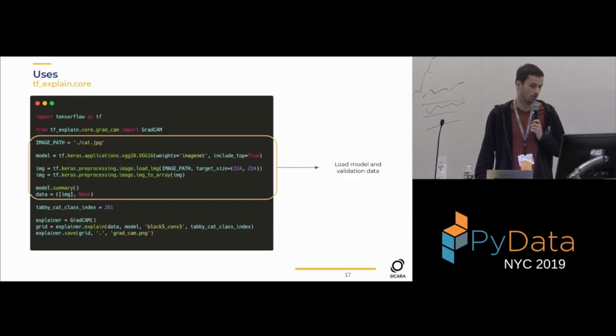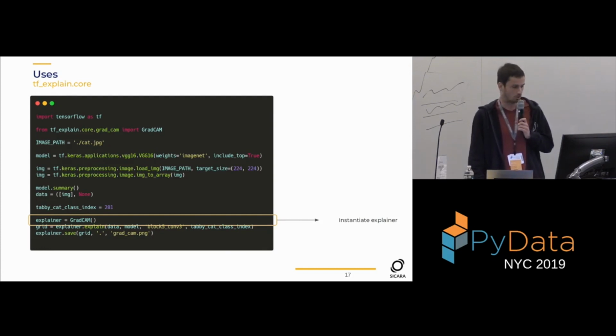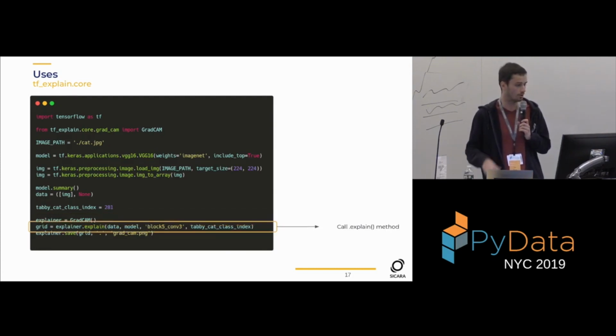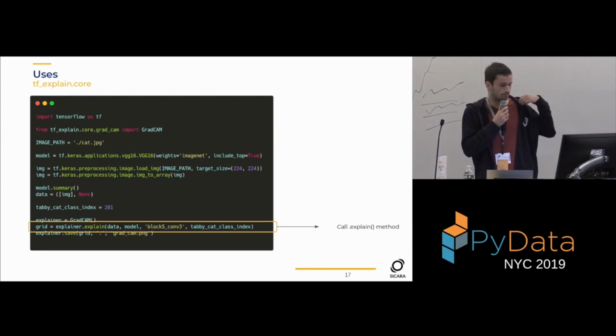So you load the model and the validation data. You just instantiate the methods you want to use, and then for all methods implemented in tf-explain, you have this .explain entry point, which is the same and always takes the validation data and the model to observe.